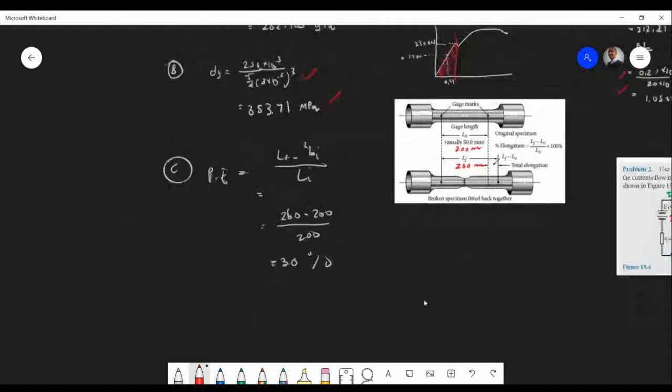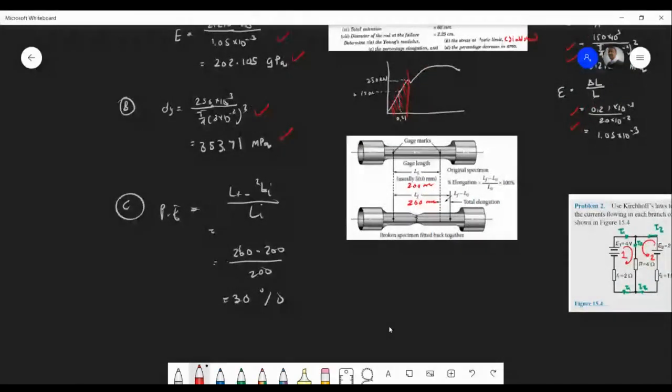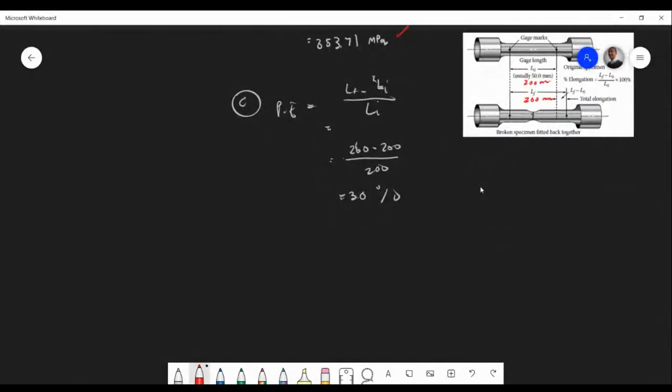The last one is the percent decrease in area. It's similar to the previous percentage elongation, which we normally use anyway to check ductility. So we're going to say it's the original diameter.